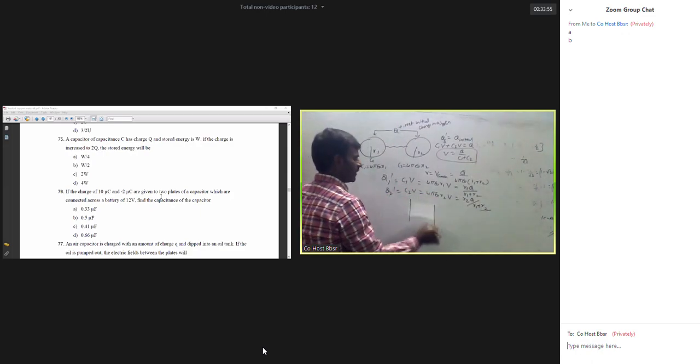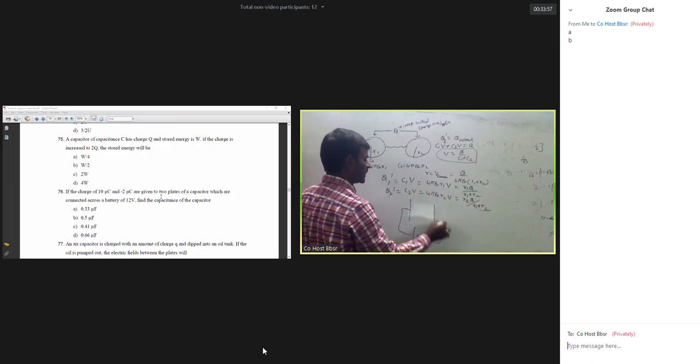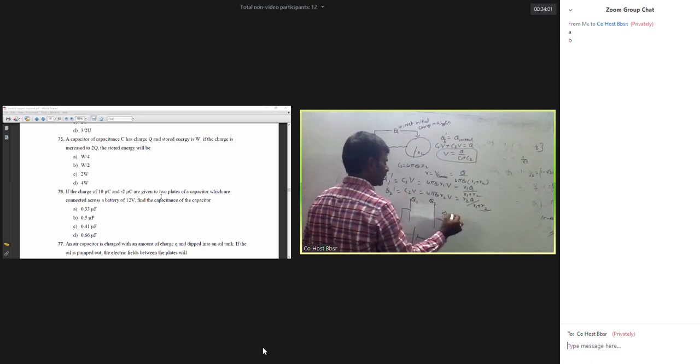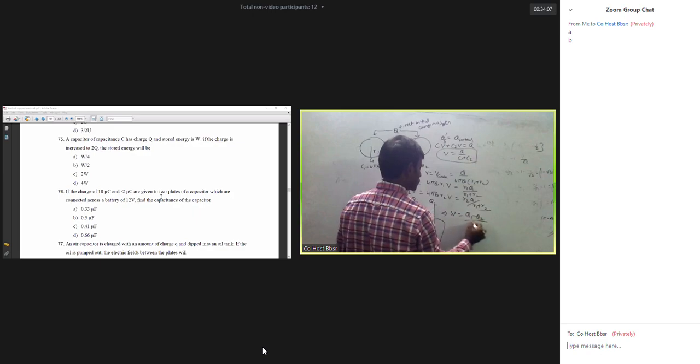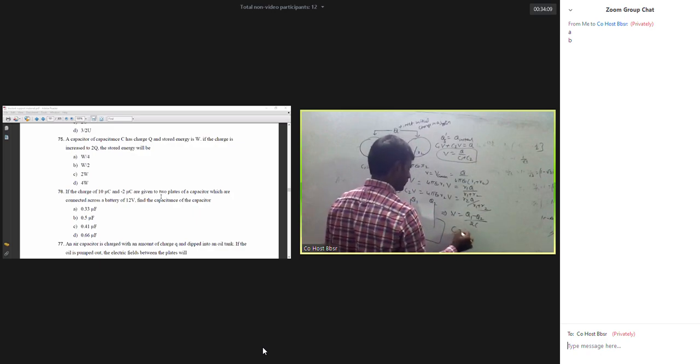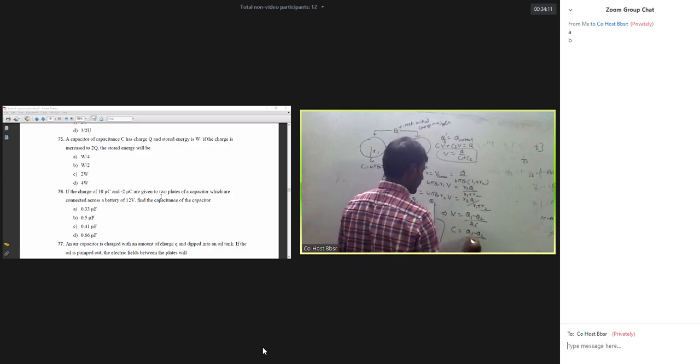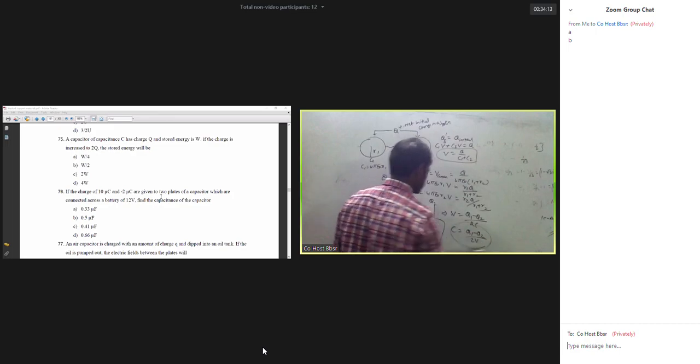Whether you remember this process or not, you can do it once again. Here V equals Q1 minus Q2 by 2C, so C equals Q1 minus Q2 by 2V.